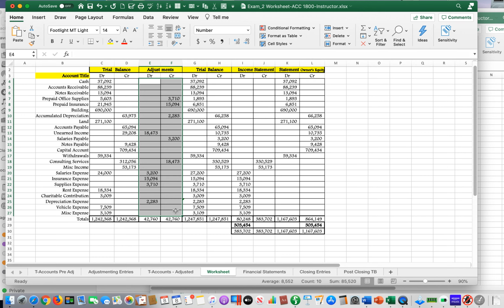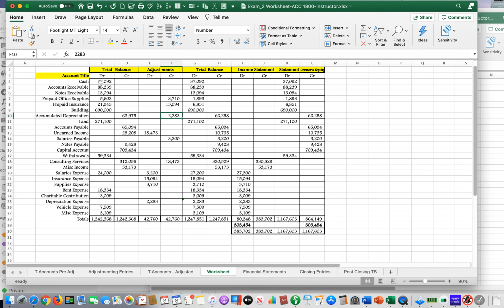Study this. That's what you do. These under adjustment here, we've simply copied the journal entries. We debited depreciation expense, $22.83, and we credited accumulated depreciation, $22.83.